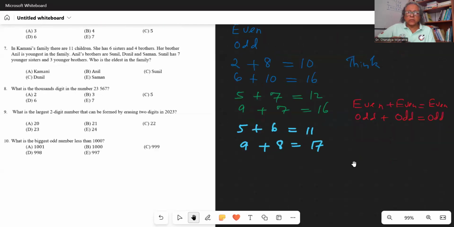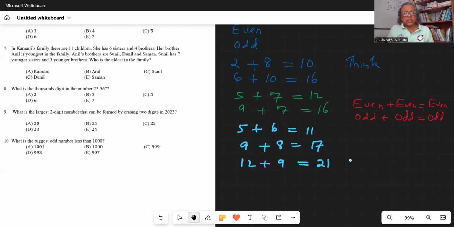How about, we first write an even number, 12, plus an odd number, 9. We get 21. Again, an odd number. Now, is it always true? Yeah, that also happens to be always true.